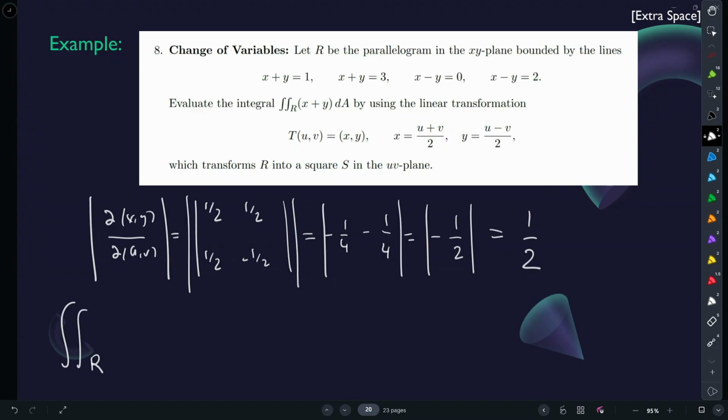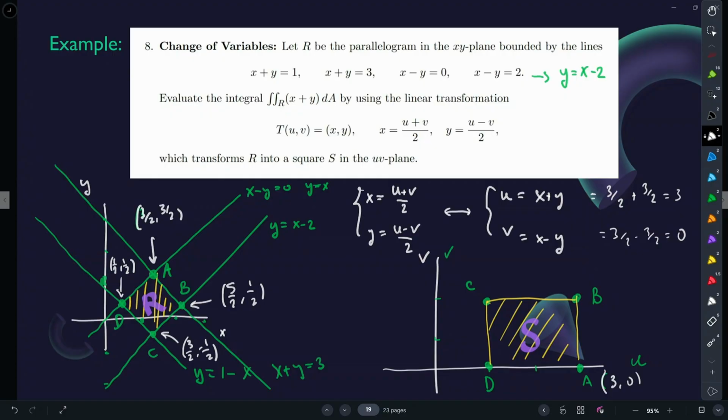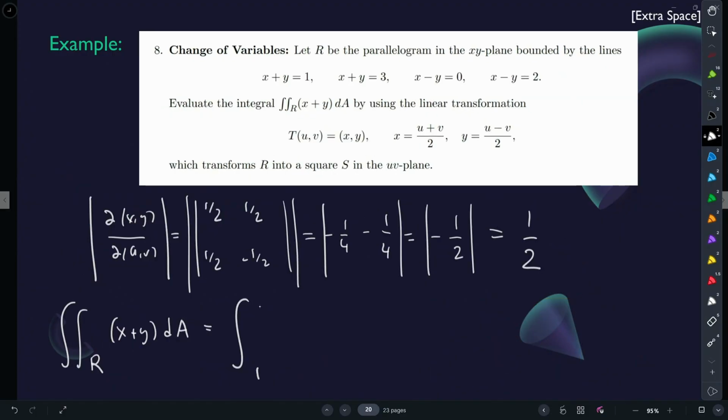So now I can change my integral. The integral was over R of x plus y dA, and now I'm going to integrate in the u and v. Notice that u goes between 1 and 3. That v goes from 0 to 2. Let me write du dv, so I don't confuse the order.